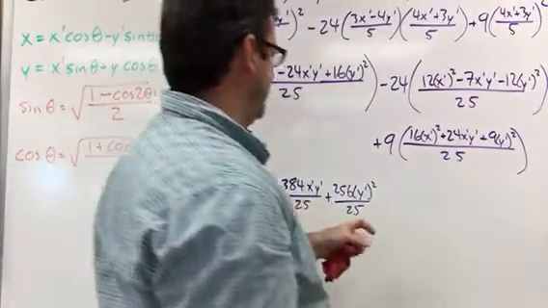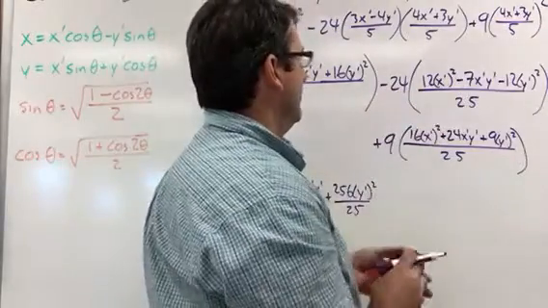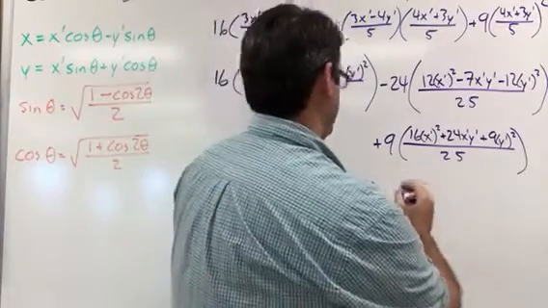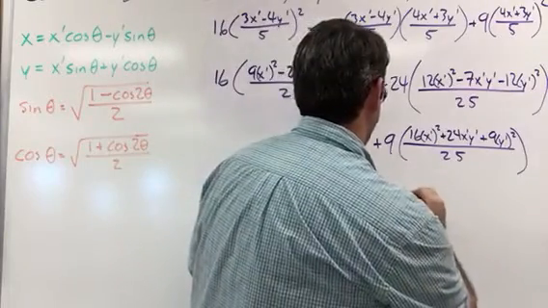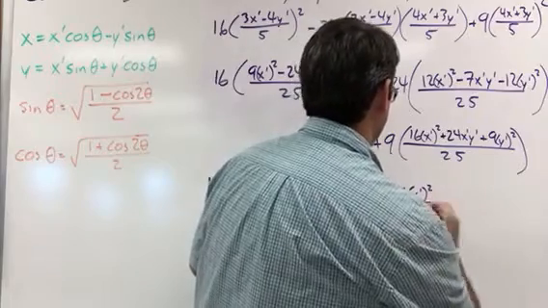All right, continuing on, we've got 24 times 12 is 288. So minus 288 x' squared over 25.